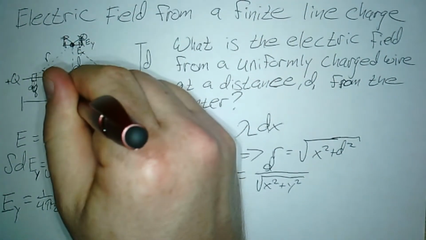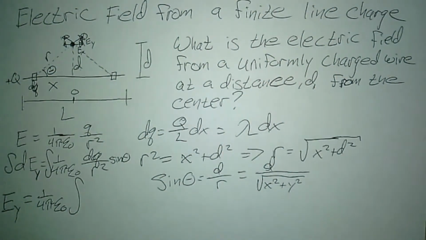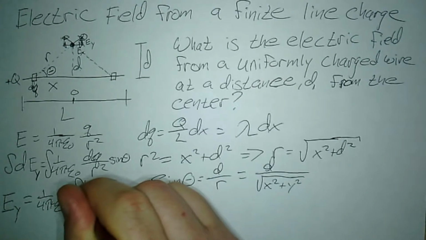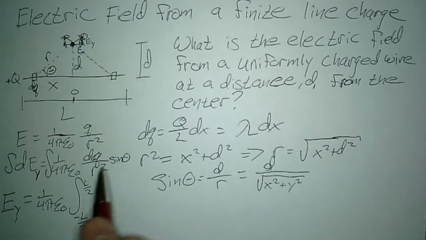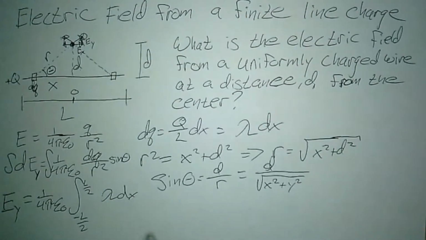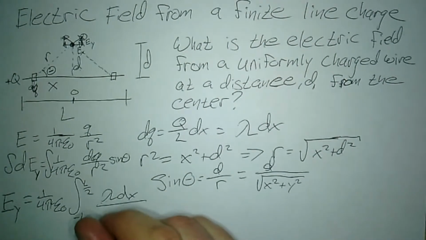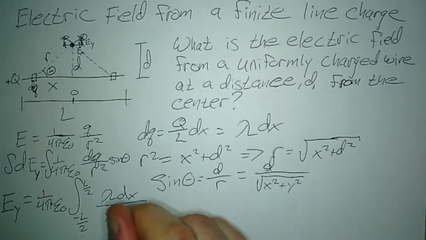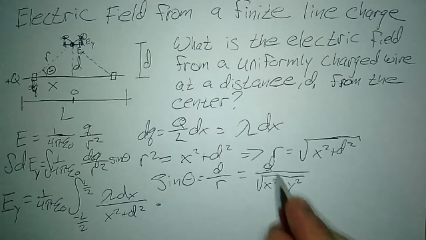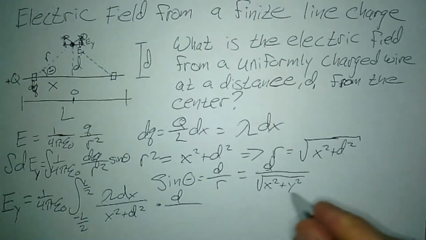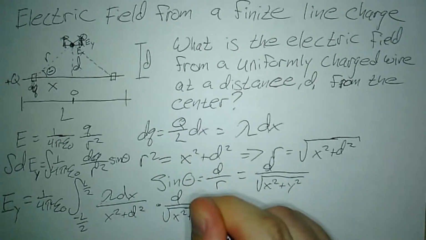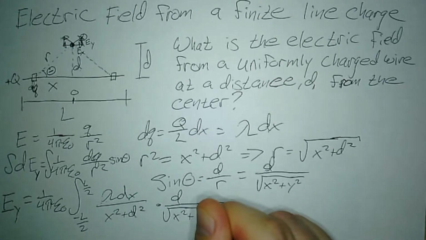So I'm going to put my 0 point right here, right in the middle, to L over 2 of lambda dx over x squared plus d squared times d over the square root of x squared plus y squared. Like that.